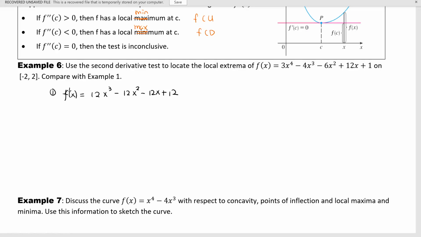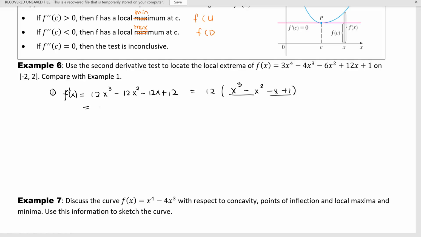Okay, and we also want to find the critical points. So if you remember, we actually did this problem in example 1. Okay, so let's do it quickly here. We group them together, 2 by 2.